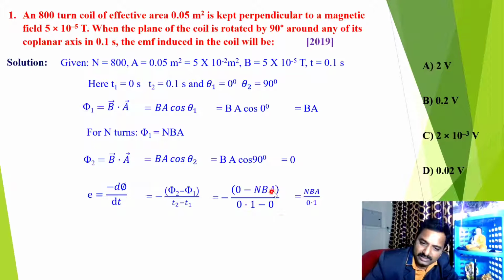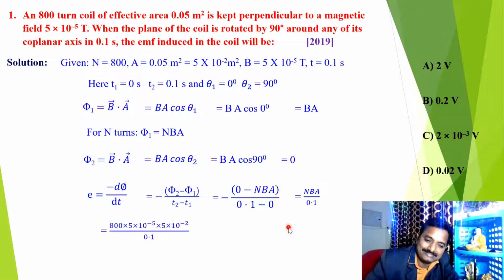So if I simplify, I will get NBA by 0.1. Now I will substitute N as 800, B as 5 into 10 power minus 5 Tesla, and area as 0.05 meter square. Then I will get 800 into 5 into 10 power minus 5 into 5 into 10 power minus 2 by 0.1.